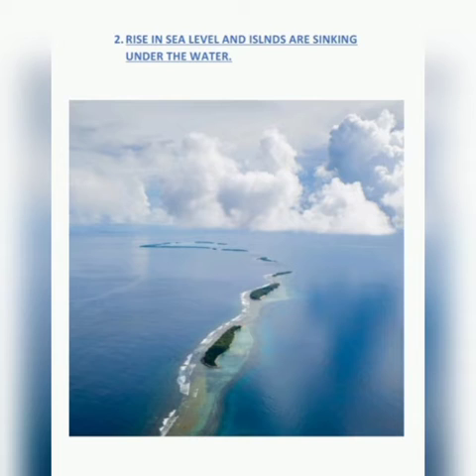Because of that, the water in the sea increases, and the islands are sinking under the water. This is also one of the problems that we are facing because of global warming.